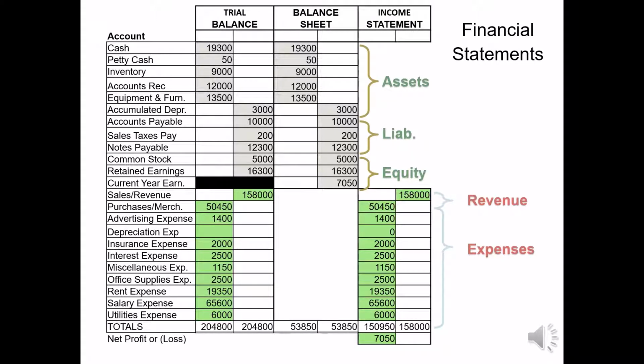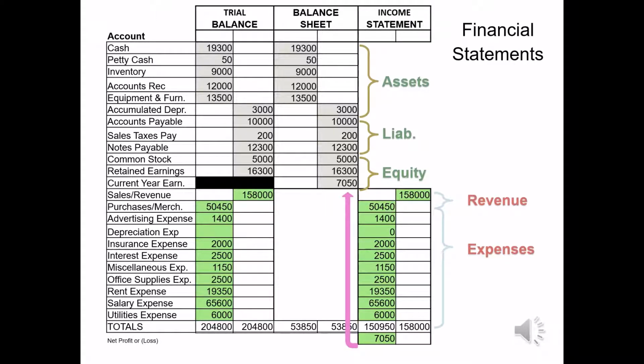And our revenue is higher than expenses by the amount of $7,050. That means we have net profit or net income of $7,050. If our expenses were greater than our revenue, then we would have a net loss.